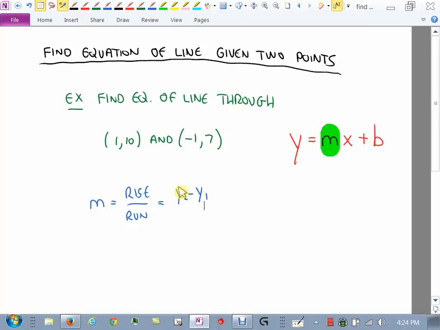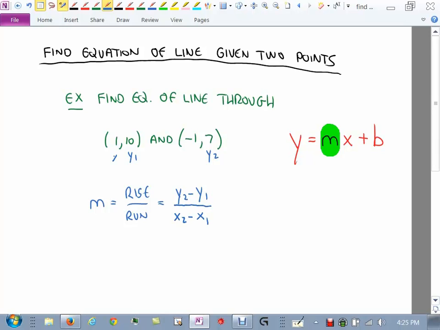That just meant the difference in the y coordinates. So let's call this one my first y coordinate and this my second y coordinate. This y2 minus y1 is the difference between these. And then the run is my left and right. That's the difference between the x coordinates.